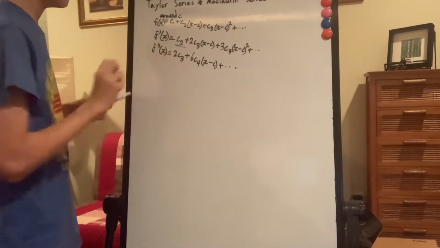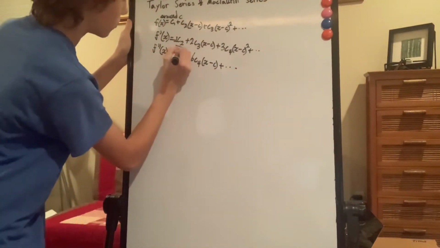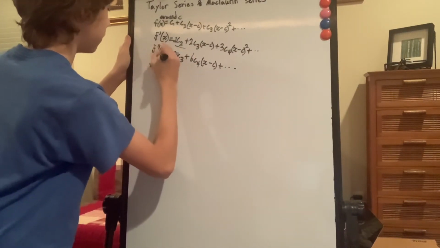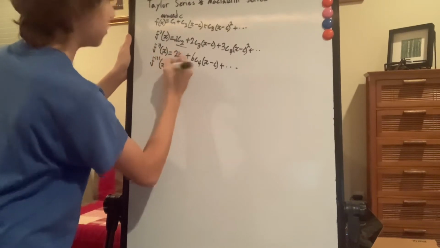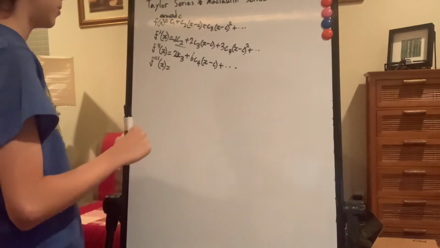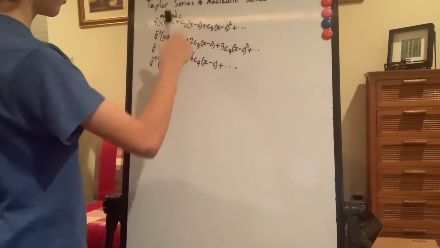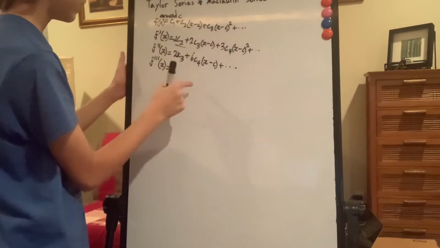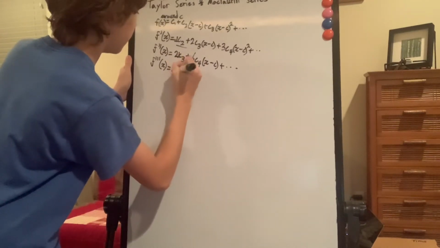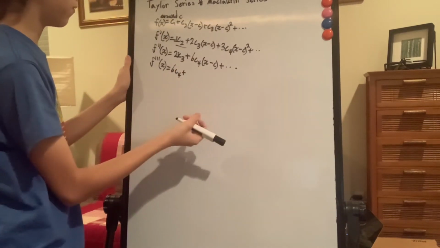But now we have a 2. And notice that there's a 1 here, 1 times our c2, and there's a 2 times 1 times our c3. If we continue to the third derivative, we'll see a pattern, and a reasonable one at that, if we look at the nth derivative, which I'll show you in a second. So the third derivative, just take the derivative of this, we get 6c4 plus some other stuff, right?